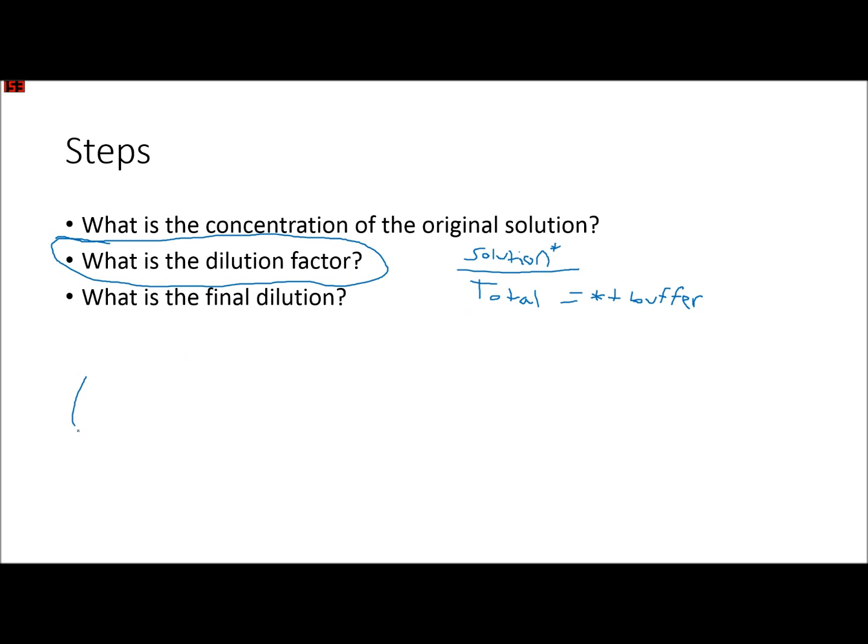So if we have a serial dilution here, these are just roughly drawn beakers or test tubes or whatever. Let's say that this one is pure, and we're just going to take pure dye and add it to here. Let's just say we take 1 milliliter. So we take 1 ml of pure dye, and we add it to this test tube.